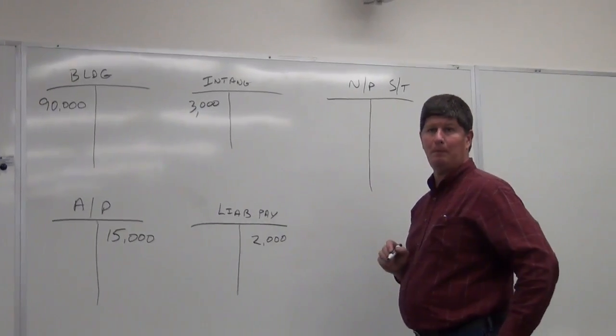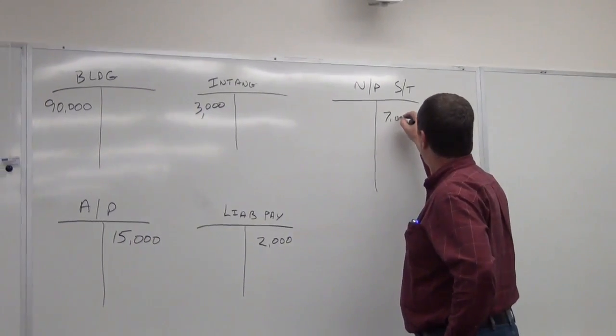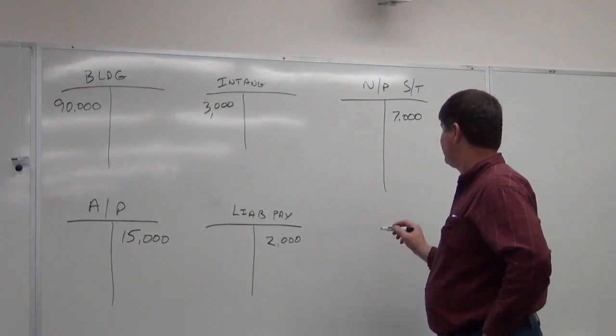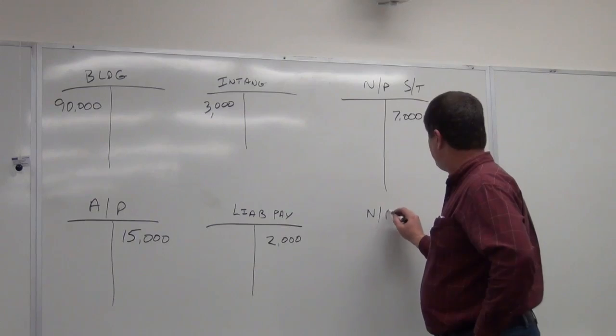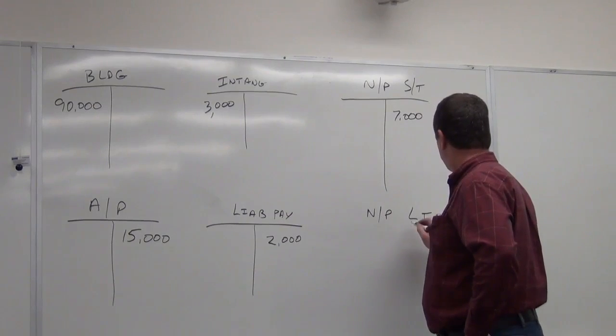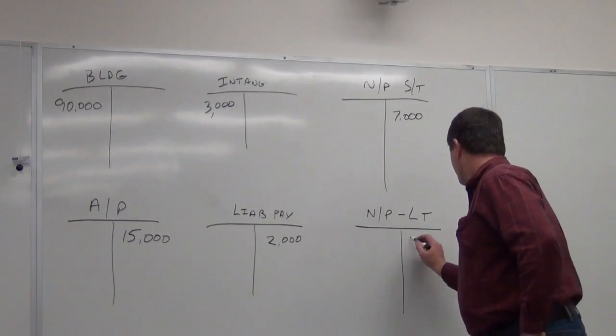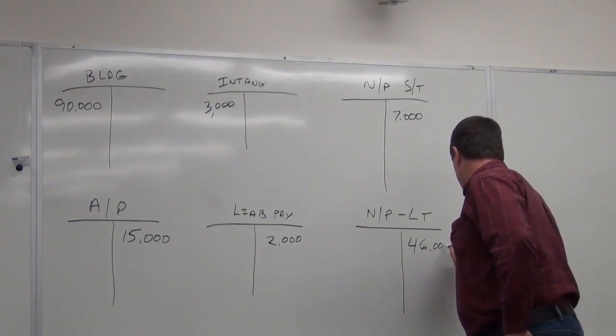How much do I owe? 7,000. $7,000. Okay. Next. Long-term notes payable. NP long term. How much more do I owe? 46,000. $46,000. That's kind of scary.